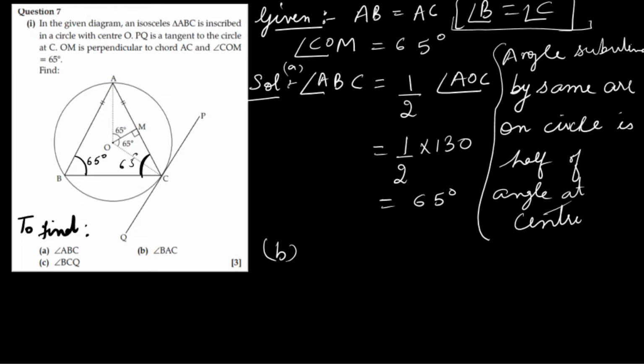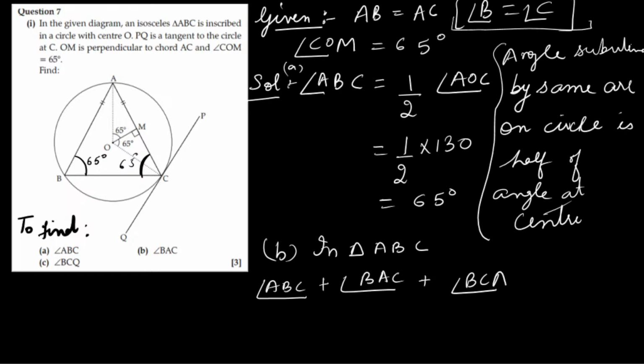So we can now use, in triangle ABC, angle ABC plus angle BAC plus angle BCA is equal to 180 degrees. The reason you have to mention is the sum of angles of a triangle.